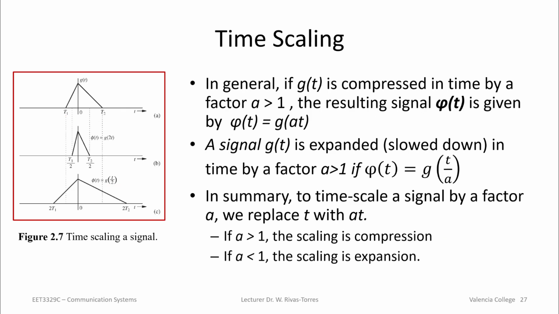To summarize this time scaling, let's do it in more general terms. Let's talk about a scaling factor. Phi of t is a function g of a t, where a is my factor.